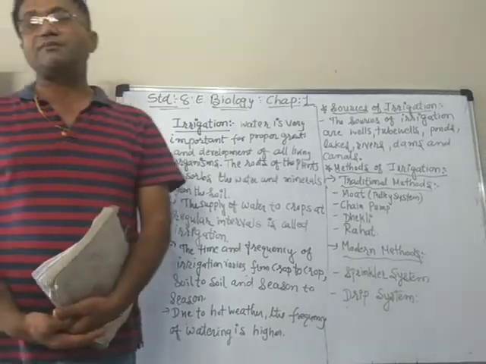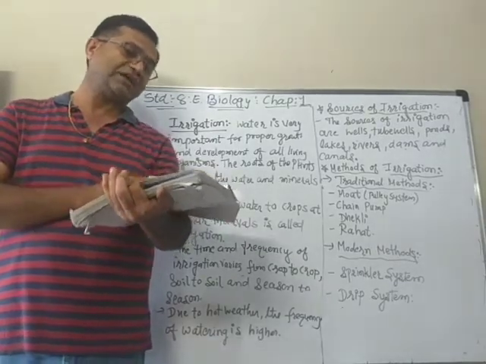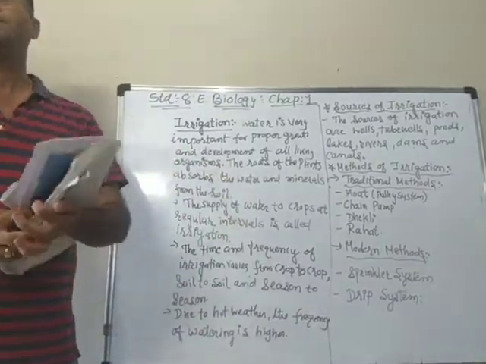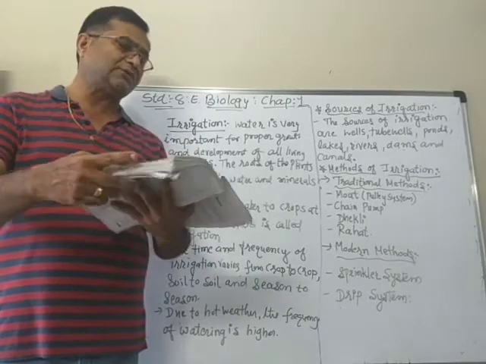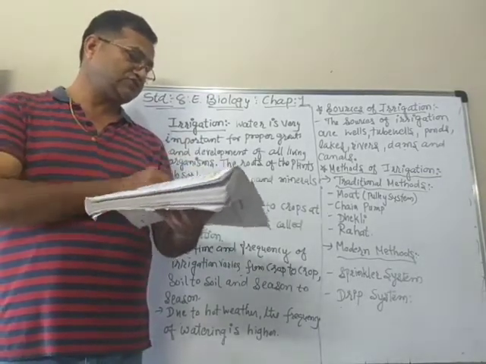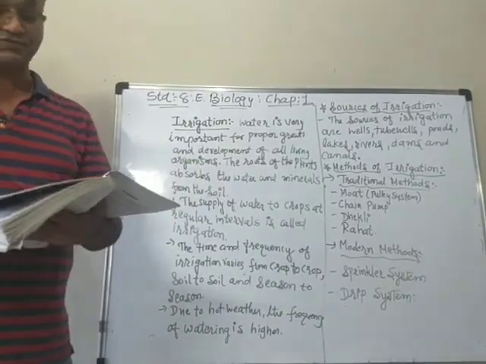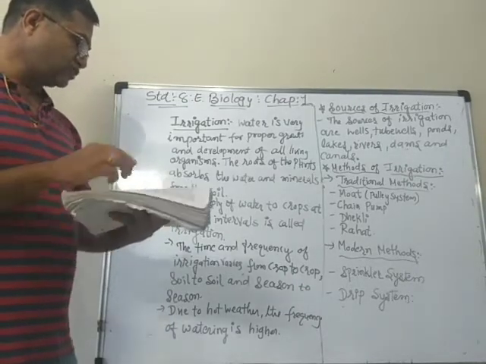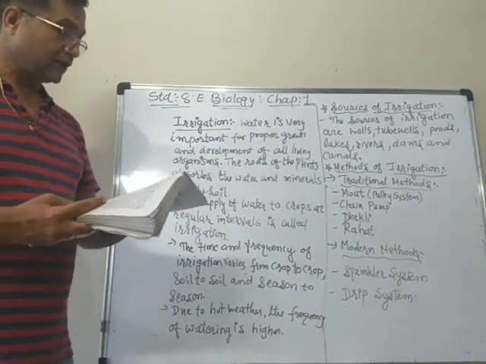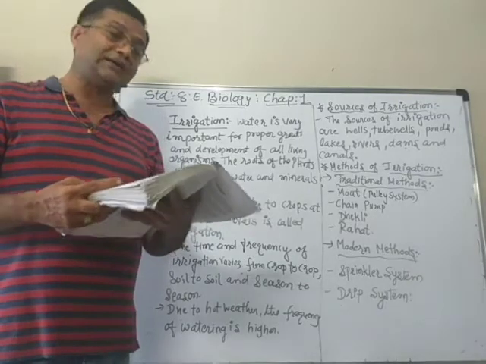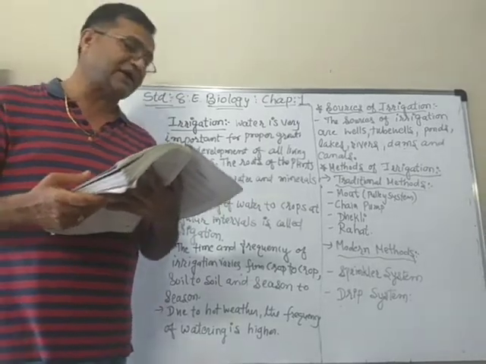Now in biology we were busy with chapter number 1, which is the chapter of agriculture, crop production and management, in which we have already learned some of the topics, like types of the crops, rabi crops, kharif crops, and also we learned about the basic practices of crop production, and there were 7 steps involved in these agricultural practices.